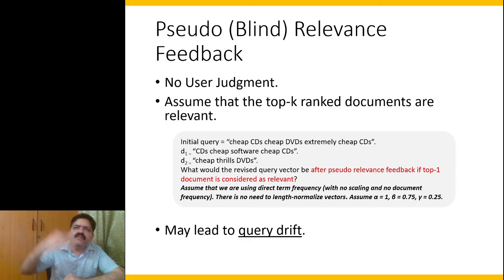Now out of the 150 matching documents, we say that the top 10 are always relevant. If that is the case, we just assume that the top 10 are always relevant, and we try to incorporate a relevance feedback system which leverages the words in the top k documents.